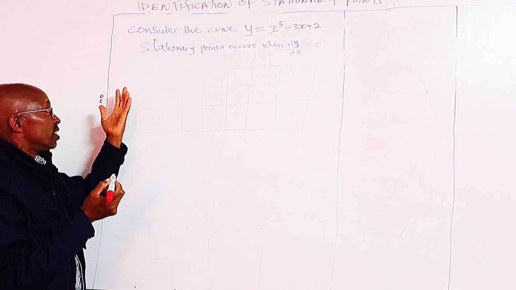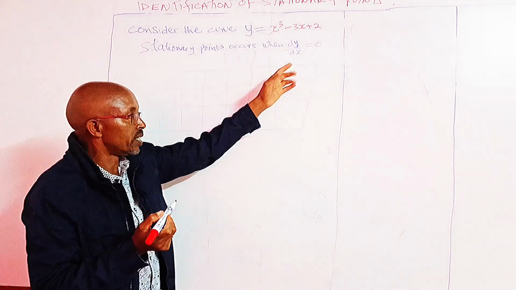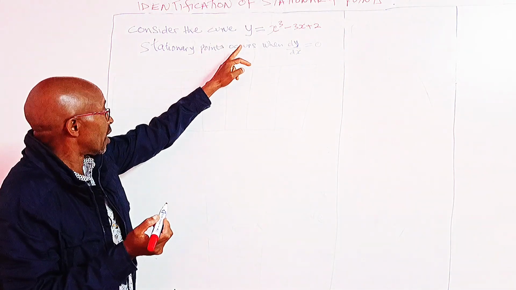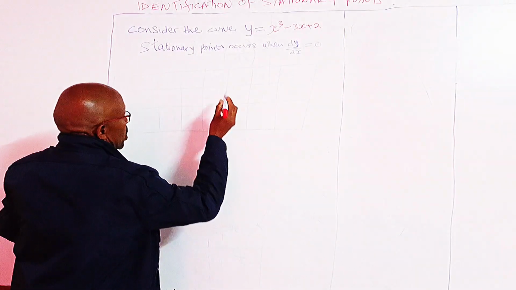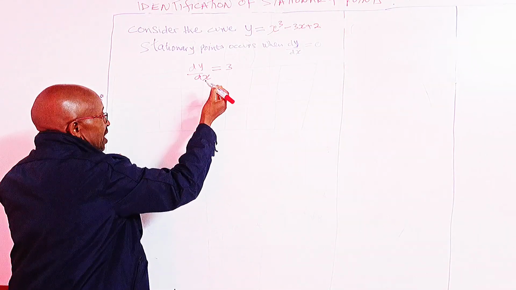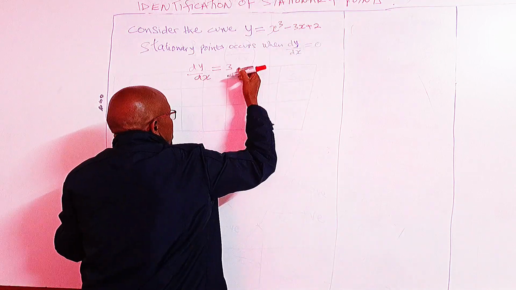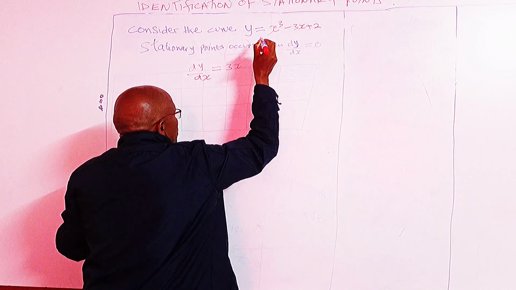From our definition, we know that stationary points occur when dy/dx is equal to 0. So what is our dy/dx given our curve is x cubed minus 3x plus 2? dy/dx is equal to, we multiply the coefficient of x by the power of x, that is 1 times 3, then we reduce the power of x by 1.